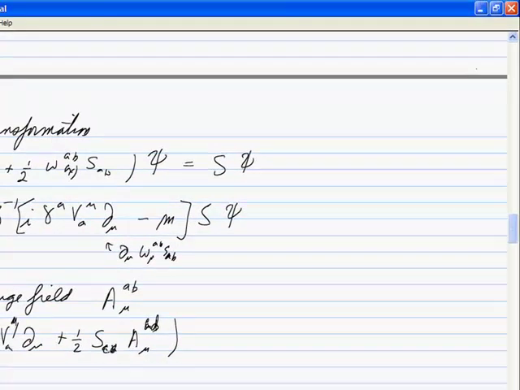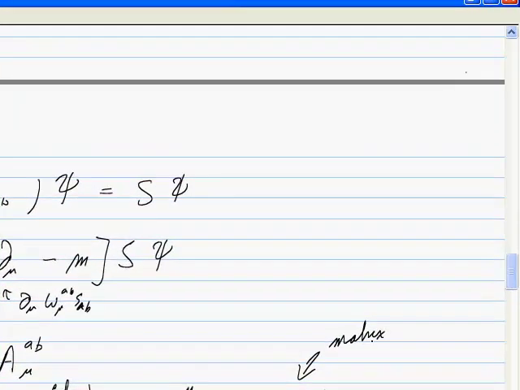So this is the piece that we had for the scalar; it didn't have the spin part of this because it doesn't carry any spin. So sometimes this gets written as e_A^mu (d_mu plus A_mu), where this is now a matrix.